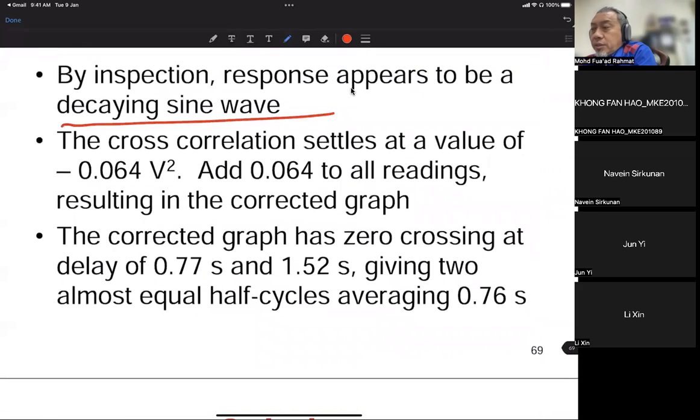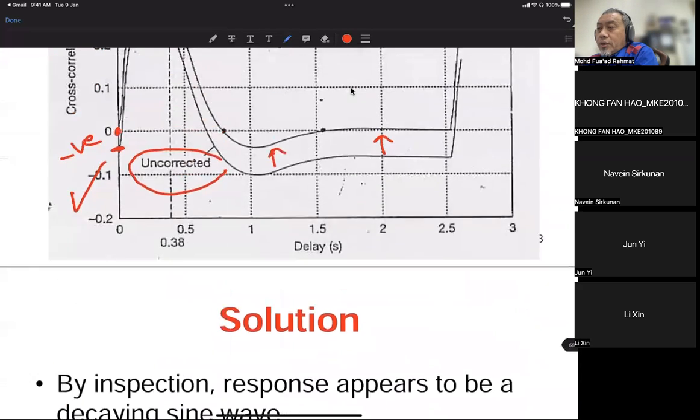The cross correlation settles at the value of minus 0.064 V squared, which is over here.